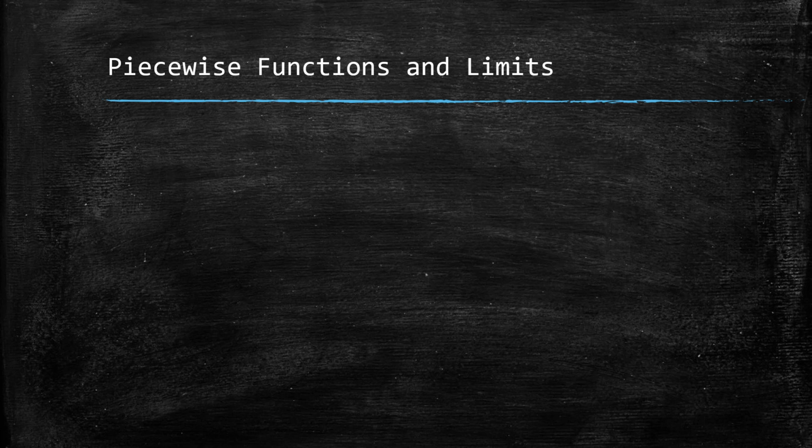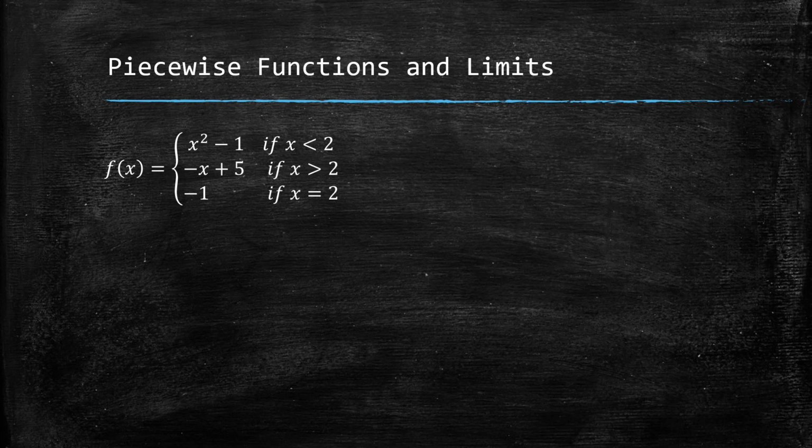So let's take a look at a piecewise function and think about limits in this setting. And why it's good to do this is we're actually, for the first time, going to work out limits without using the graph, without being reliant on the graph.